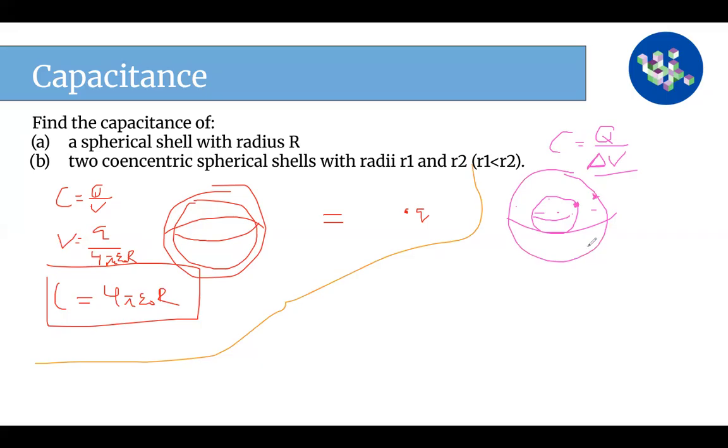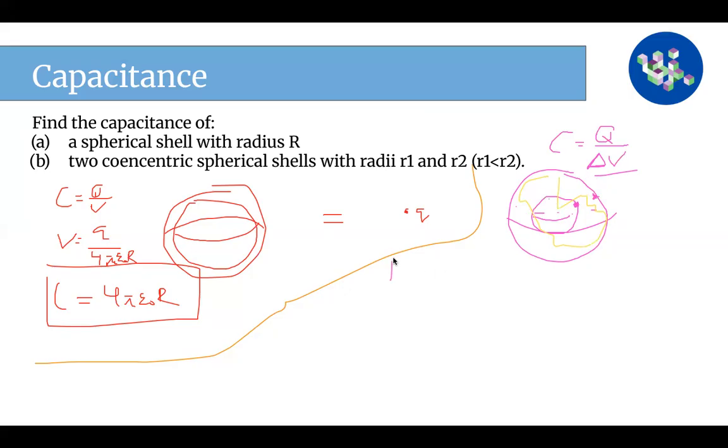I want to find the electric field in the region between the two shells, so in this region over here. By the shell theorem, there's no electric field due to the outer shell. There's only an electric field due to the inner shell. And what's that electric field?